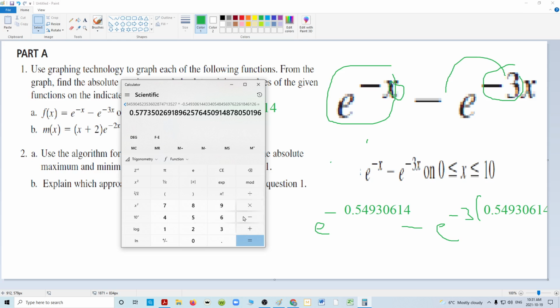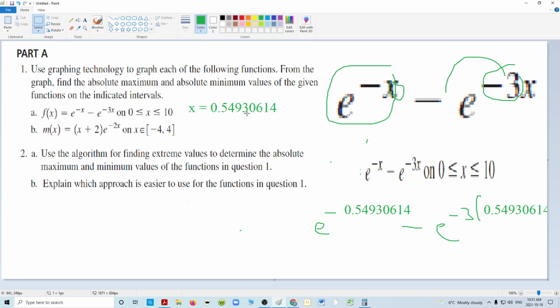And I'm going to have to subtract e to the exponent of open brackets, and it's not minus 3 because I already changed the sign in the memory. Close brackets. That equals. It's saying that's it. Okay. Therefore, the y value for this first one is equal to that.